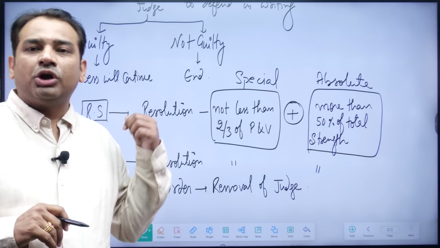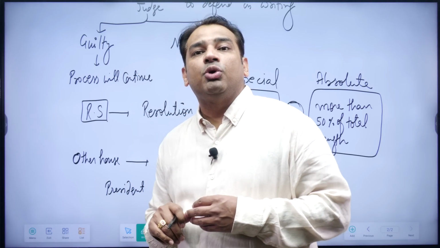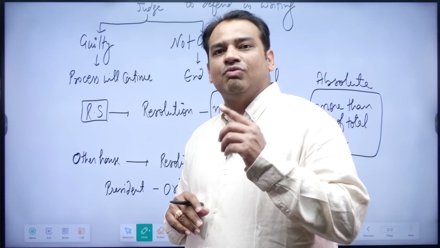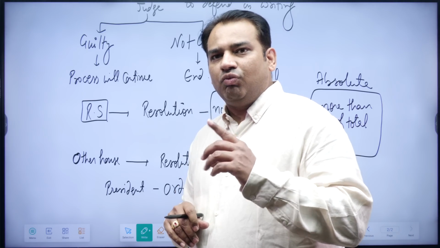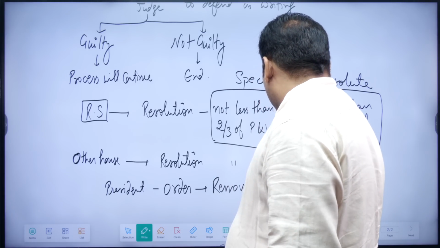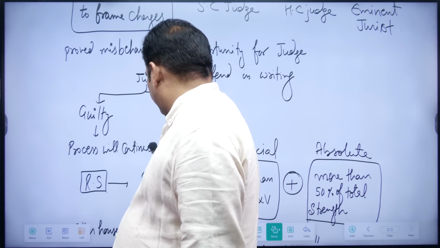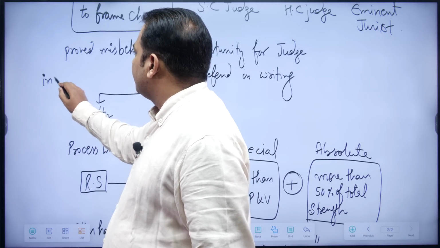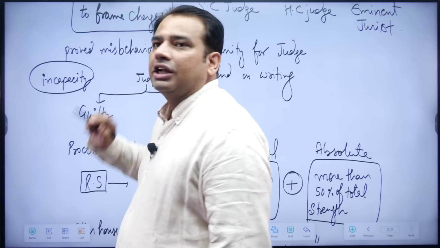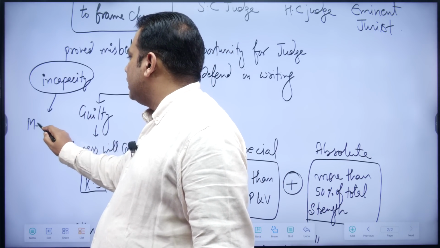However, this was a procedural requirement with respect to the judges with proved misbehavior ground. If there is another ground which is called incapacity, then one extra step will also get added. If it is a matter of incapacity, there is one additional condition, and that condition is there should be a medical board.